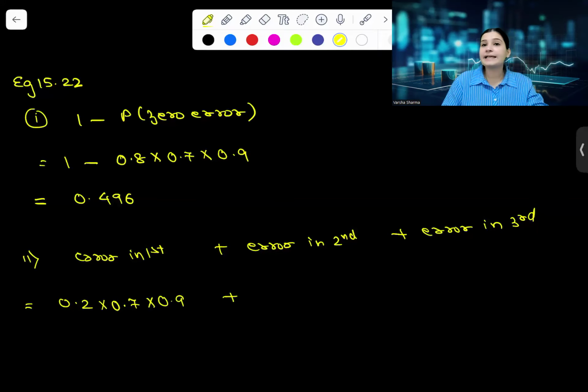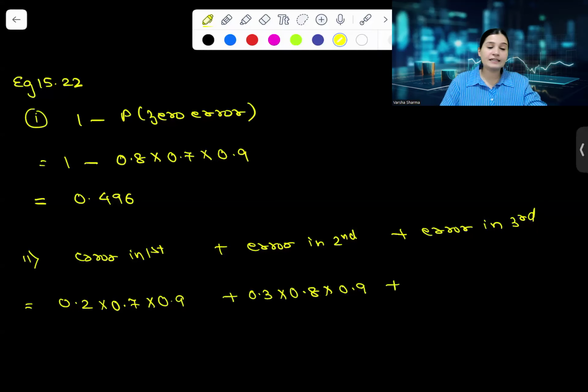Plus, making an error in the second one, 0.3. That means in the other two I'm not making an error: first one 0.8, third one 0.9.